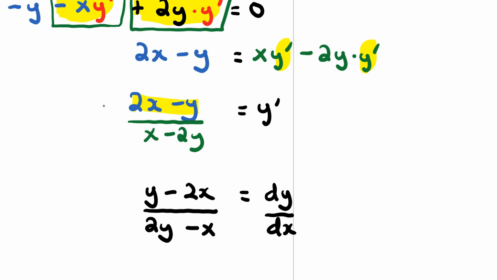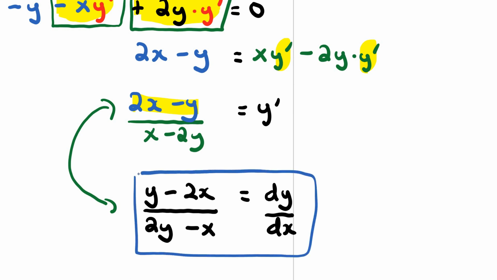And I would say that these two expressions are mathematically the same thing. It just depends on which side of the equation you move y prime to. In my case, I've been moving y prime to the right-hand side. However, if I left y prime on the left-hand side, I would definitely finish with this answer here, but both of them are mathematically the same thing.